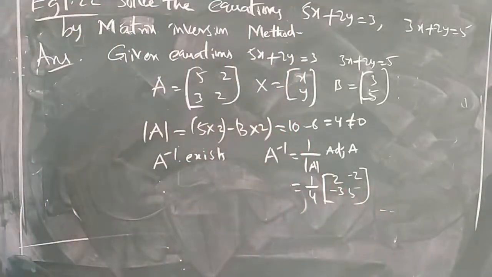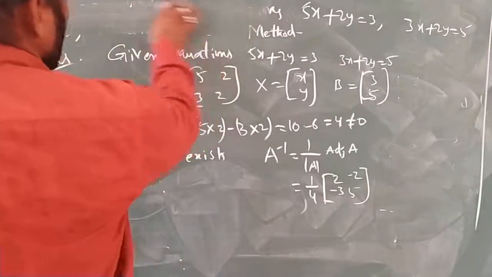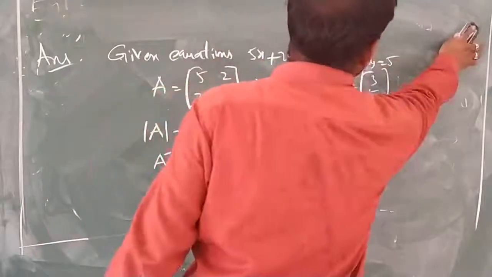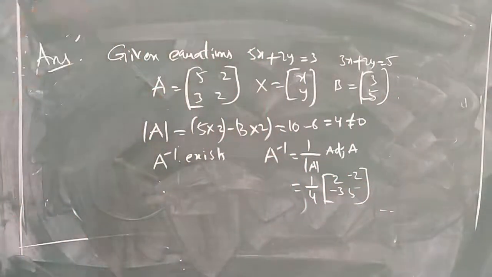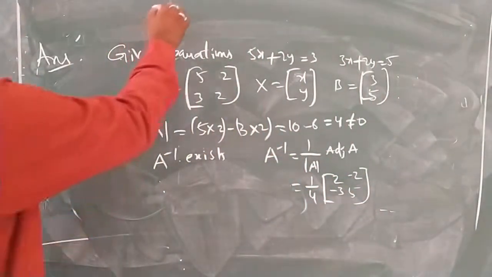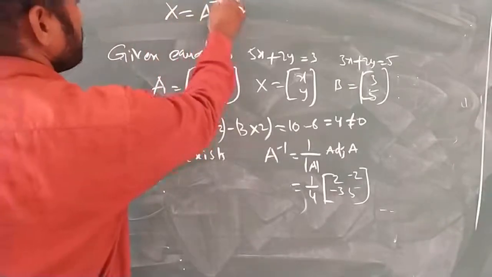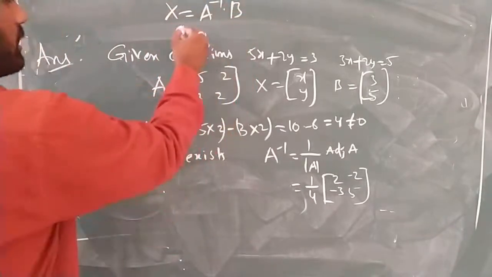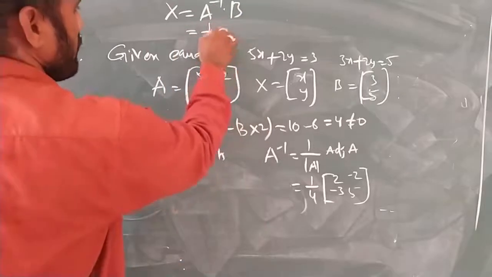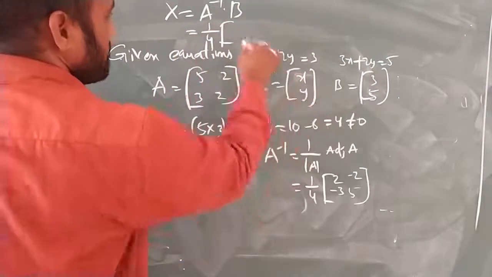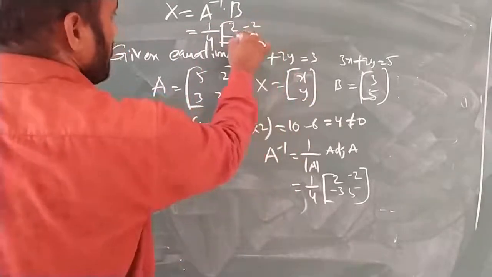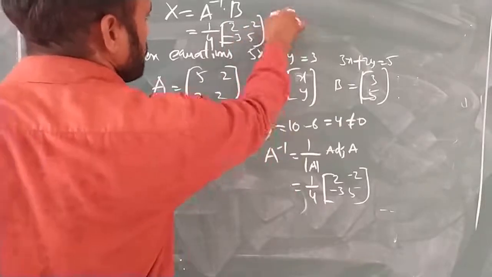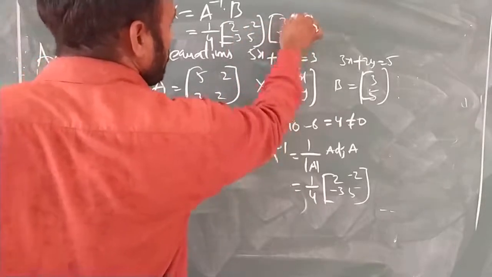After finding the A inverse, we need to find the x value. So the x value is A inverse into B. That is A inverse, which is 1 by 4 into the matrix 2, -2, -3, 5, into the B value 3, 5.